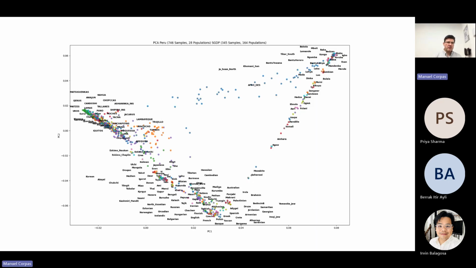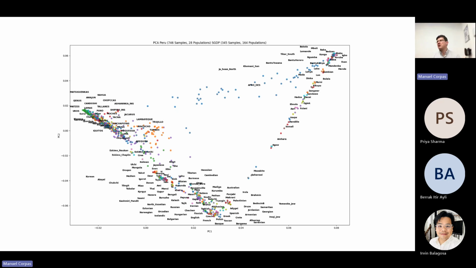And then another bit of research that we performed is that we combined not just the genetic data from these 28 populations, but we combined them with data from an additional 130 odd populations from around the world.